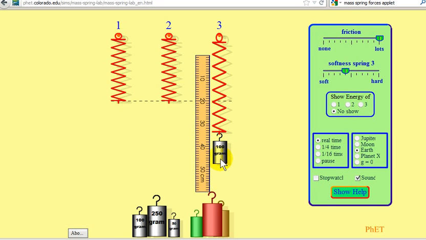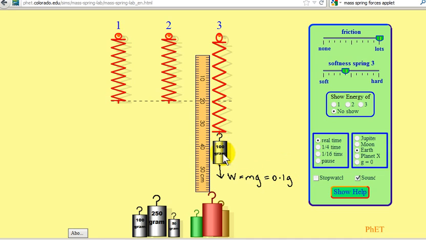Let's consider the forces acting on this 100 gram mass. We have the force of gravity, or the weight of the mass, which by Newton's second law is mass times acceleration due to gravity, or m times g, where g is 9.81 meters per second squared. The mass must be in kilograms. 100 grams is 100 over 1,000 kilograms, or 0.1 kilograms.